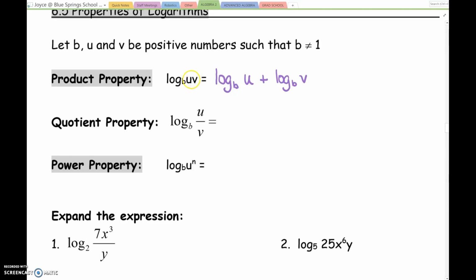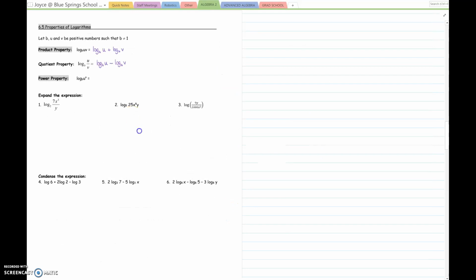If multiplication inside the log becomes addition between the logs, what do you suppose division inside the log is going to become? Subtraction. So log base b of u minus log base b of v.